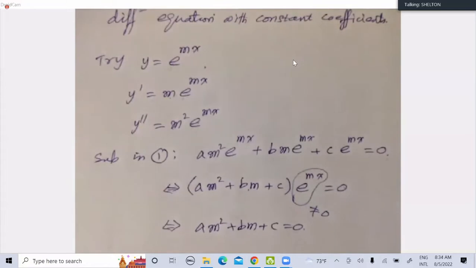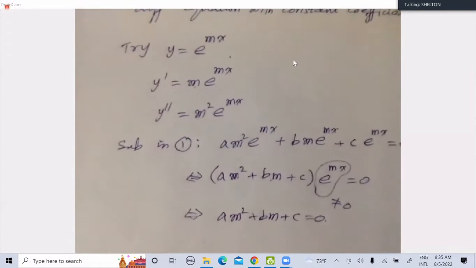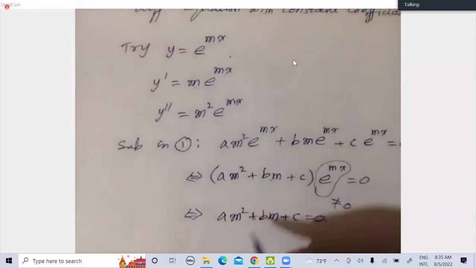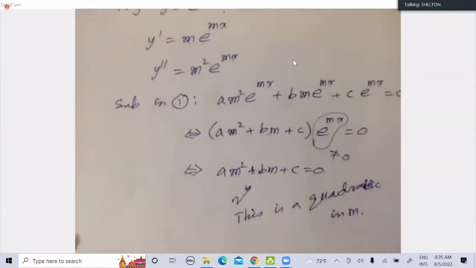This is called the auxiliary equation of the given second order homogeneous differential equation. So what are the possibilities? This is a quadratic in m, so there are three cases to consider.